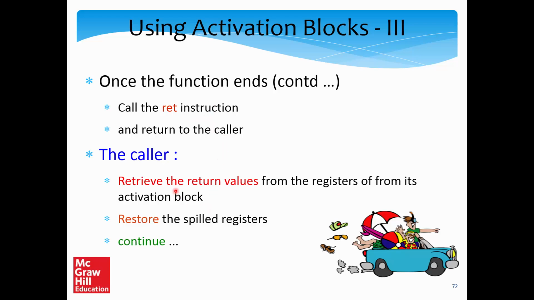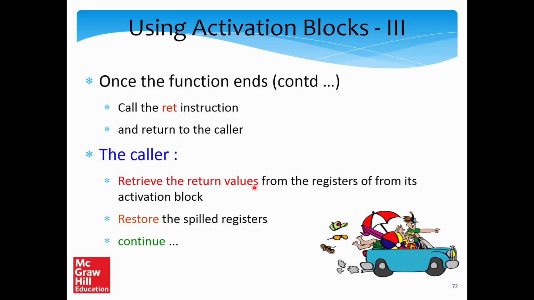What does the caller do? It retrieves the return values from the registers or from its activation block. It depends upon the convention: if, let's say, there is one large return value and many return values, where are they written? They are typically written into registers or in the activation block of the caller function.